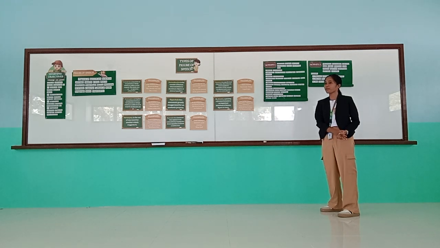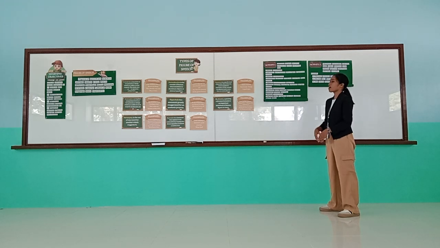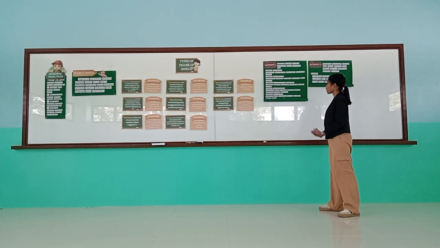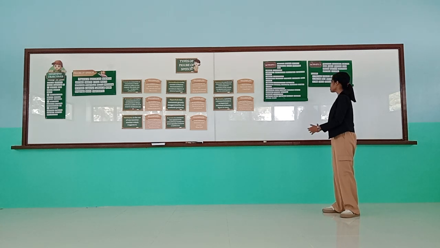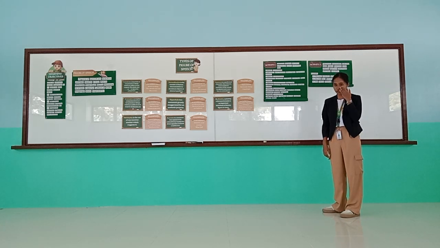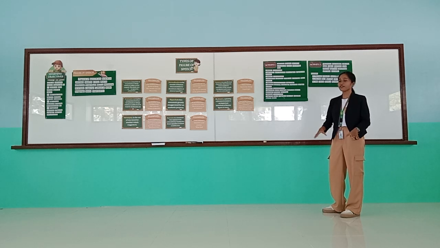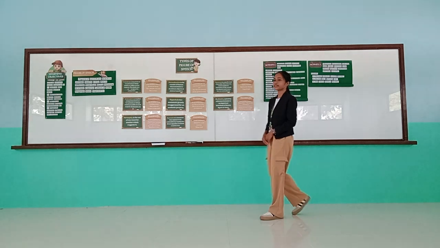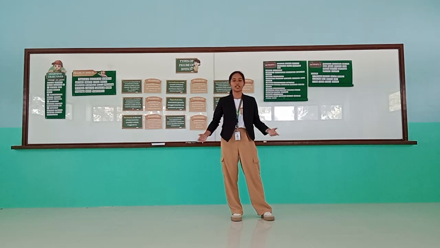Group 5, creative writers. Your task is to write a short paragraph or story using at least 5 figures of speech. I will give you 15 minutes to do this activity. Okay, are you done? Okay, thank you.